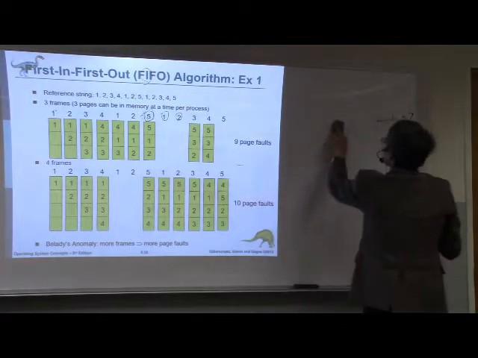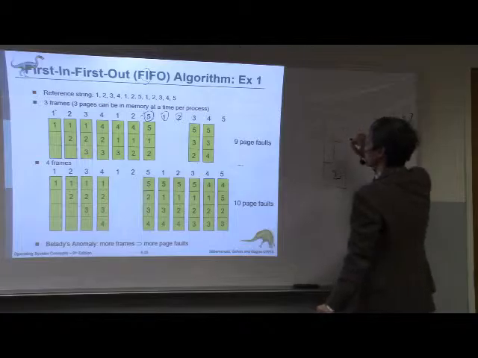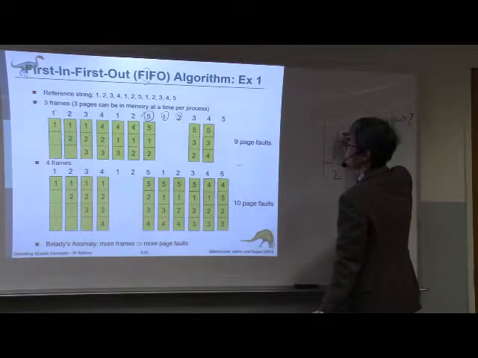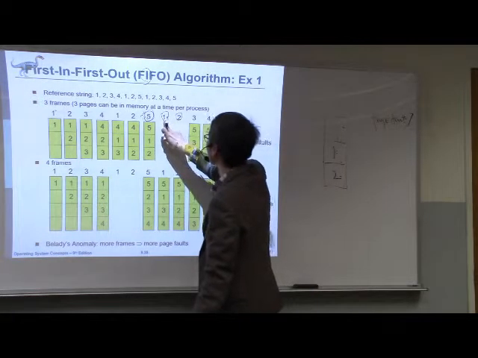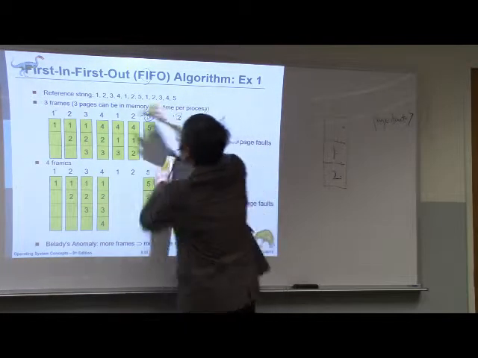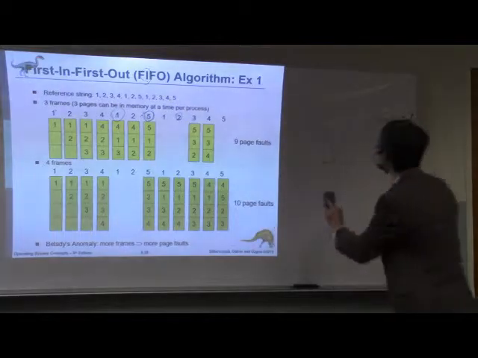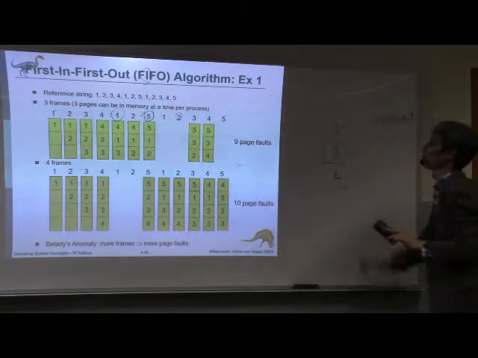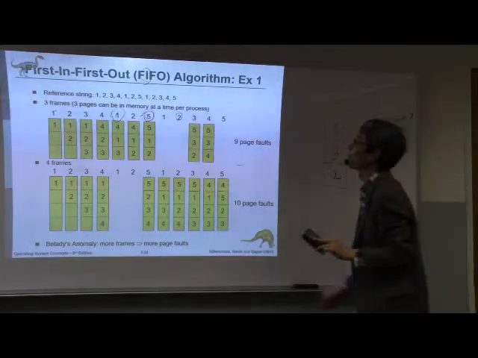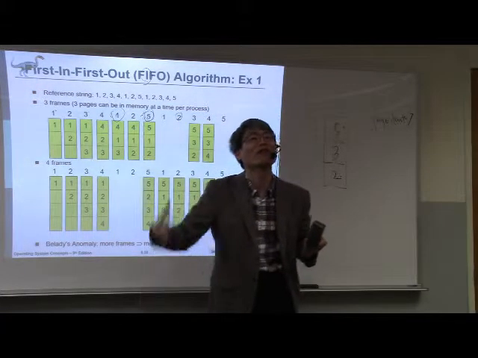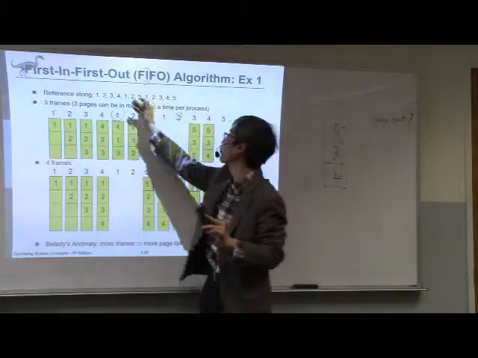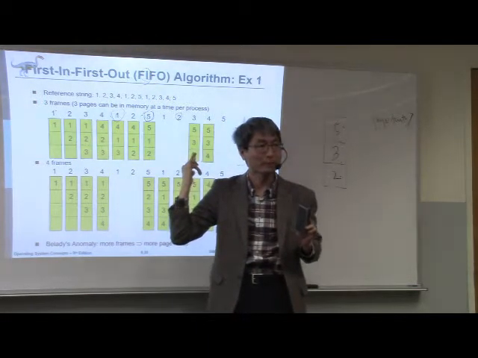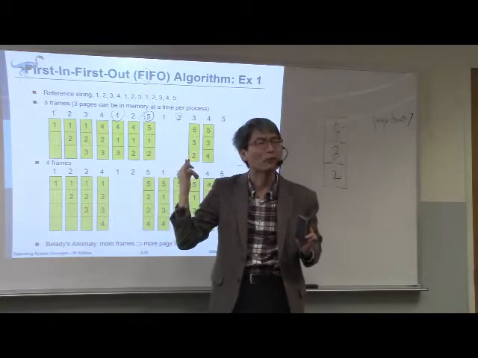So 5 will be replaced by 3. But 1 has been recently utilized. That is recently used, a different algorithm. This time we consider only first in. What's the difference?